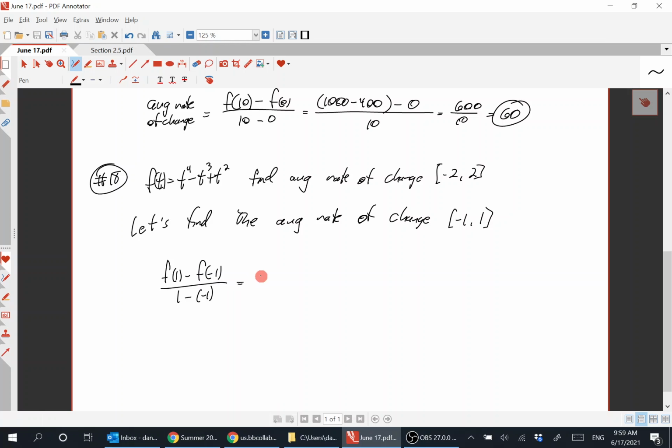So f of 1 is 1 minus 1 plus 1, minus f of negative 1. Negative 1 to the fourth is 1. Minus, so here's where a sign error might occur. Minus negative 1 to the third. Negative 1 to the third is negative 1. And then negative 1 squared is 1. And this is 2 on the bottom.